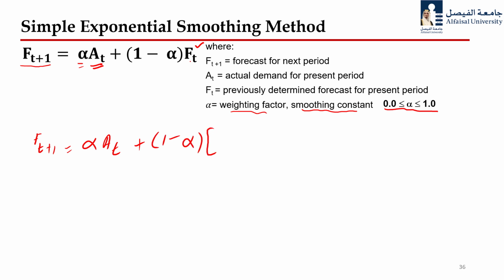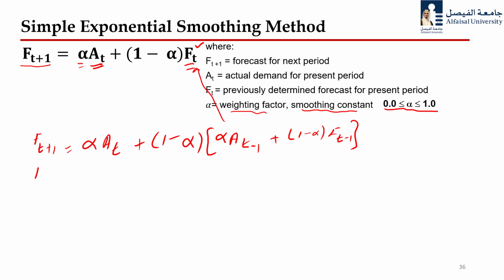Instead of F_t, if I apply the same exponential smoothing formula, this becomes alpha A_(t-1) plus (1 minus alpha) F_(t-1). We place this in place of F_t.